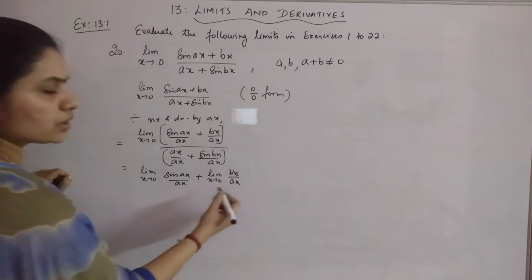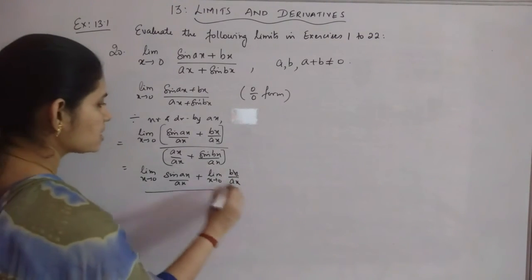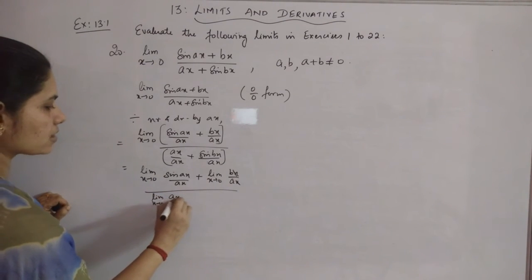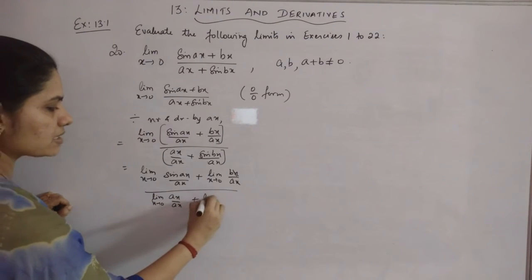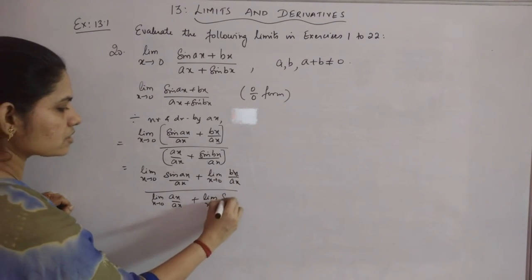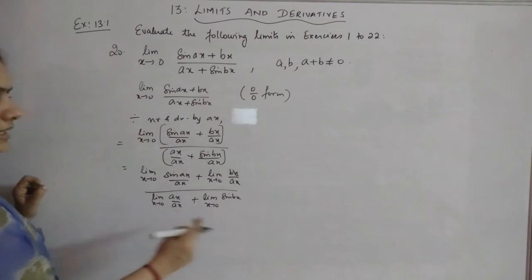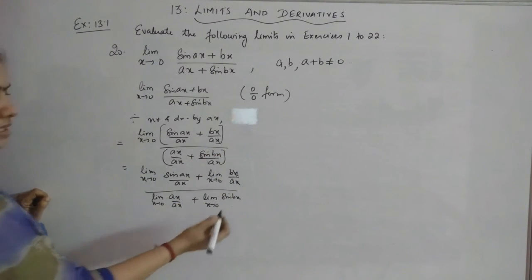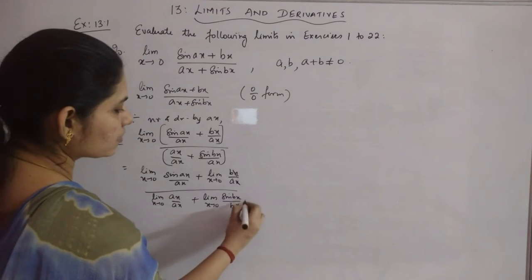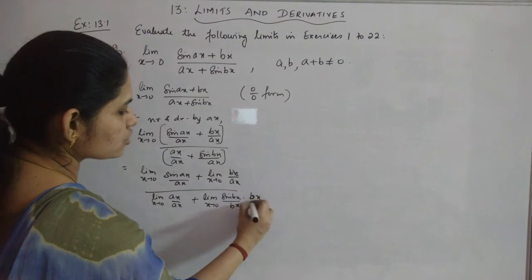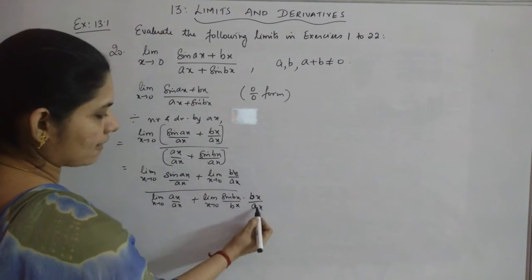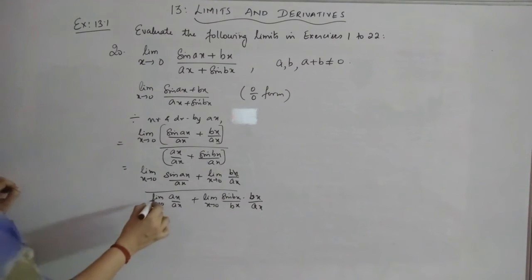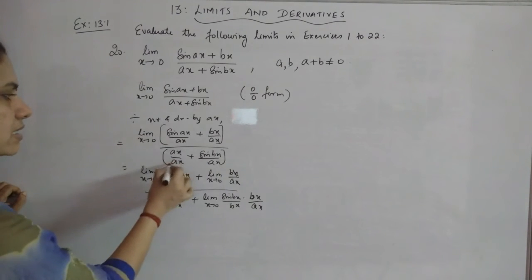Actually here x will cancel, so no need to have that limit in this term, but since we are applying the property we are giving it to each term. Okay, limit x tends to 0 of ax by ax, that is again 1, plus limit x tends to 0 of sin bx by ax. Again in this term, if you have sin bx here, you should get the denominator also to be bx, so we are dividing and multiplying with bx in this term. Okay, so bx into bx by ax, you already have here, so bx and bx get cancelled, means the same question, right? Now this term you can just replace with 1.